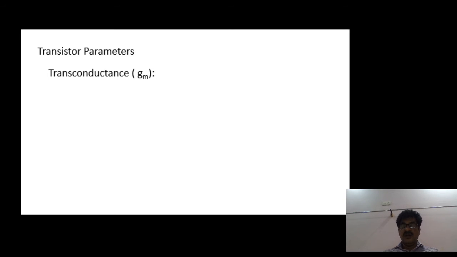It is a very important parameter. gm is defined as the ratio of output current to input voltage. Here in CS configuration, what is the output current? That is the drain current. The input voltage is the VGS voltage. Therefore, gm equals ID divided by VGS.